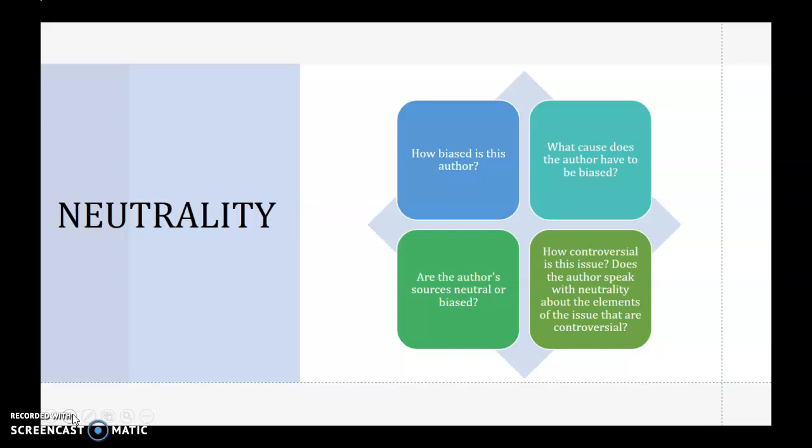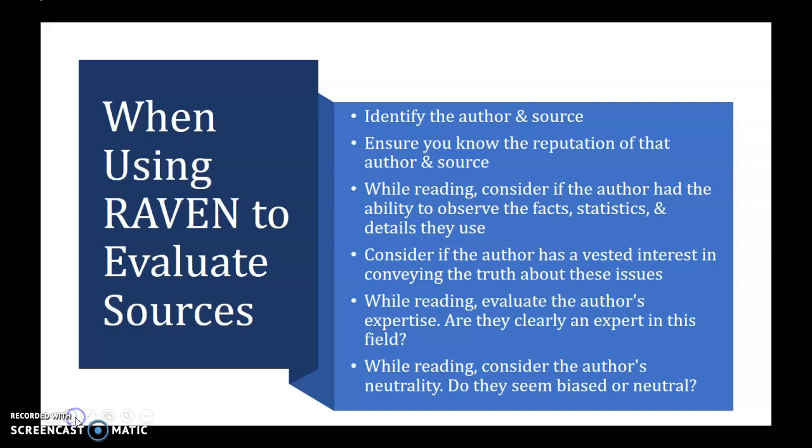And then always thinking about how controversial is the issue. Is the author using emotional terms? Is the author using extremes or words like always and never, okay? Or does the author present that information with neutrality?